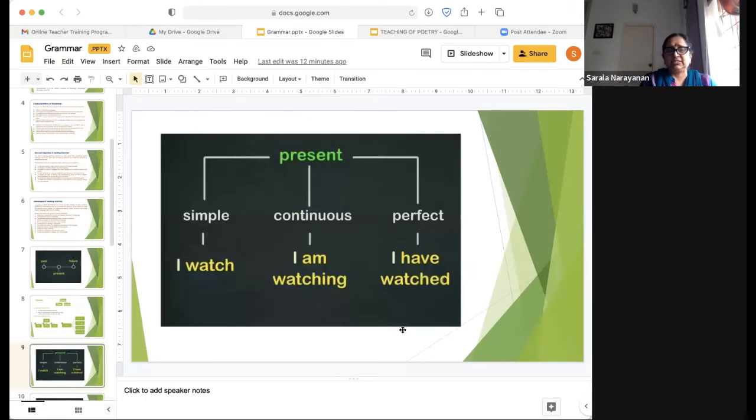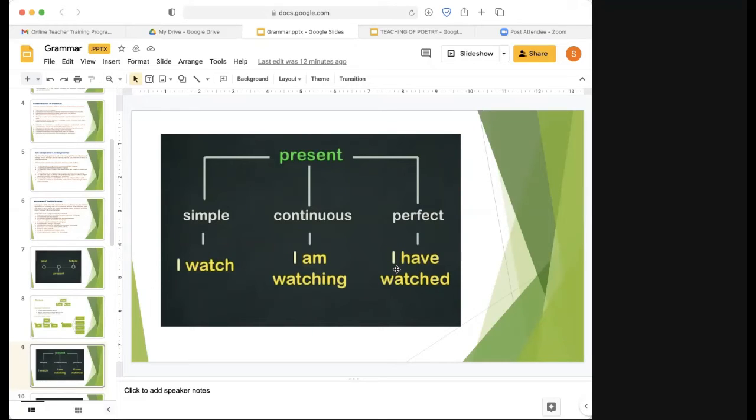So shall I move to the next one? How am I representing this with an example? Simple present tense is I watch, continuous, I'm watching, I have watched. But from this, can we identify the structure of the present tense?